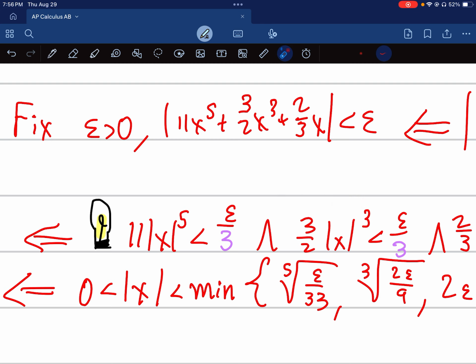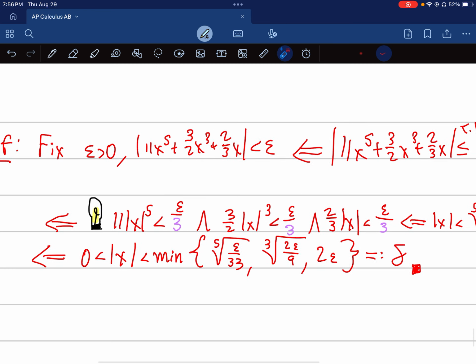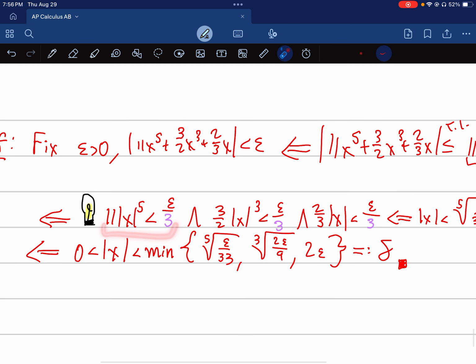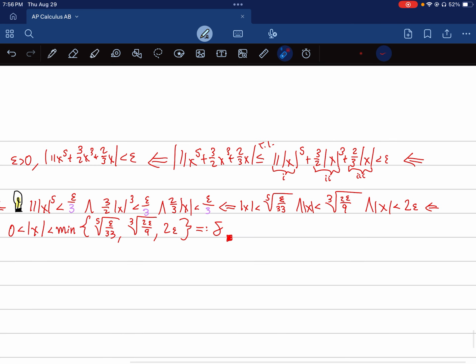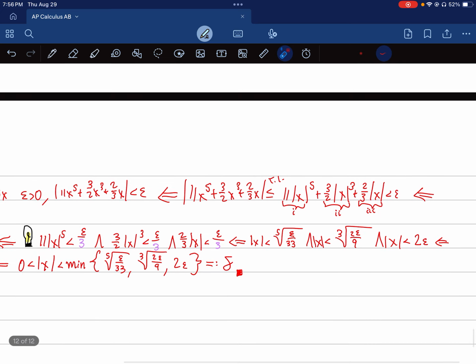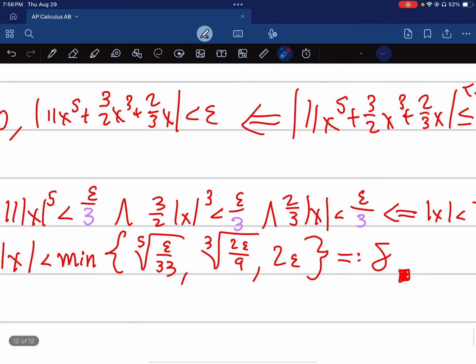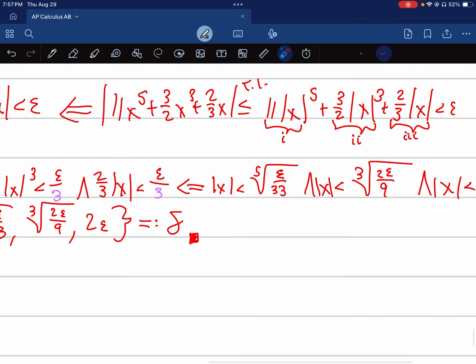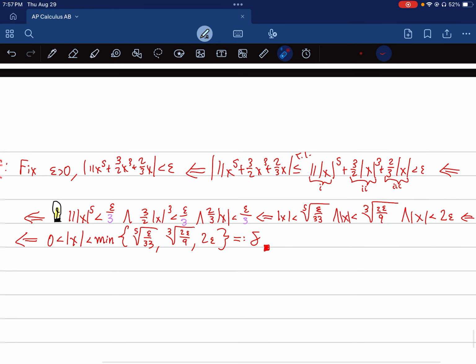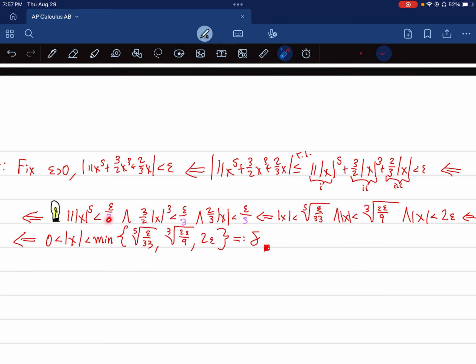So right here, we're going to get the following is true. Remember, we're just taking this, putting it here, and taking this from here. They're all less than epsilon over 3, which is implied by, we're going to do some algebra. Notice we divide by 11, take the 5th root.